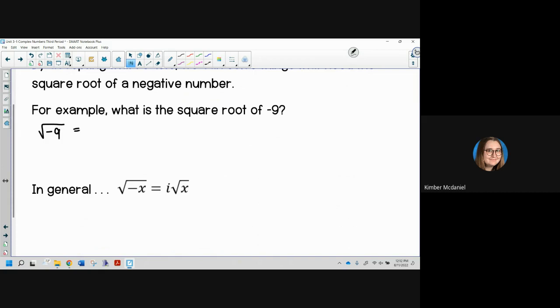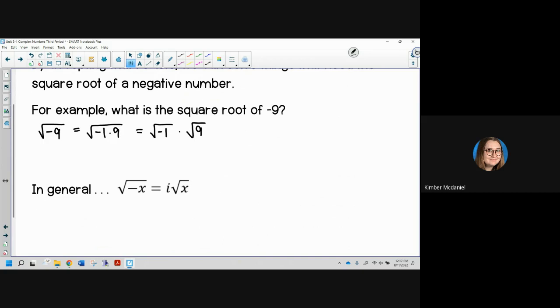Negative 9 is equivalent to negative 1 times 9. So we can rewrite that radical as the square root of negative 1 times 9. Using the properties of radicals, which you should have been exposed to last year, I believe, we can break this up as the square root of negative 1 times the square root of 9, because if you've got multiple things underneath your radical, you can break them up into multiple radicals.